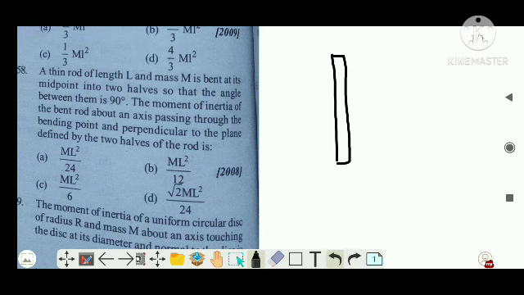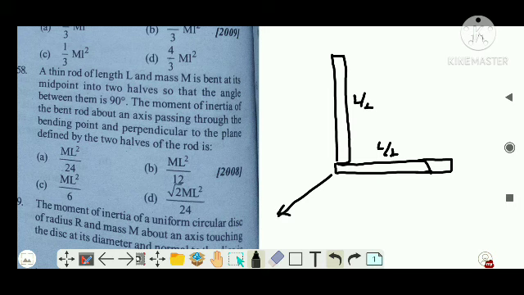The thin rod is bent, so it is just like two rods now. Let's say this is L by 2 and this is also L by 2. You are asked, if the axis of rotation is like this, what is the total moment of inertia. So obviously it will be the sum of the moment of inertia of this rod and this rod.